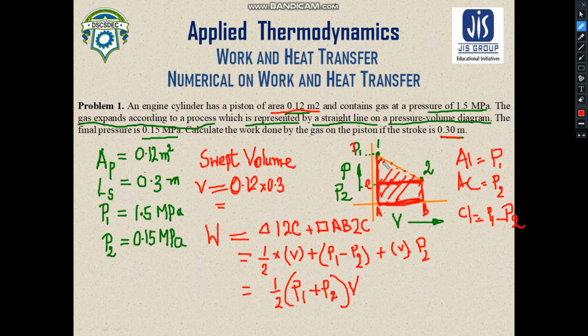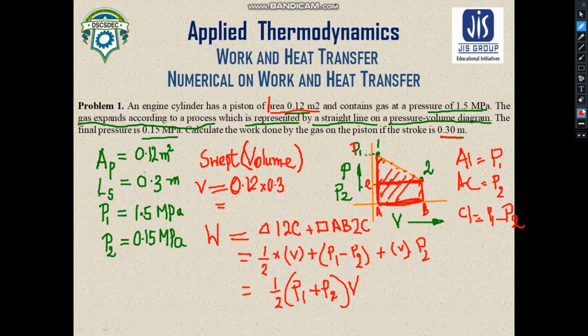This concept is enough to solve this problem, and obviously you need to understand the volume by which the piston or the gas has expanded. That depends on the area and the length of the stroke, which can be easily found by multiplying the area and the stroke. I hope you have understood this problem.